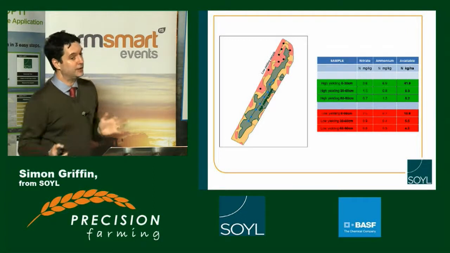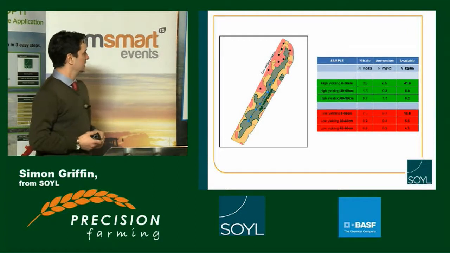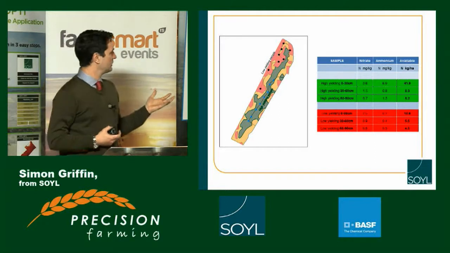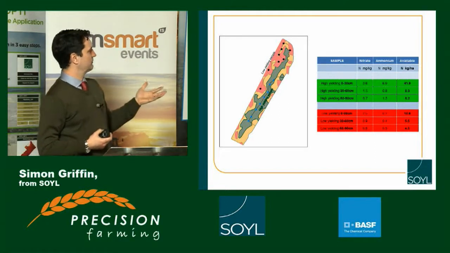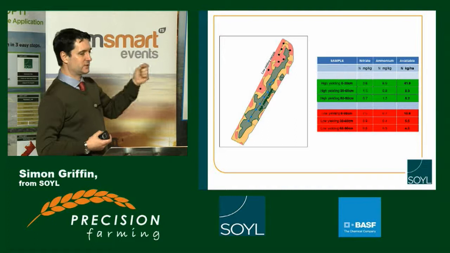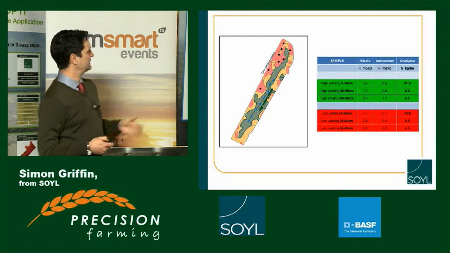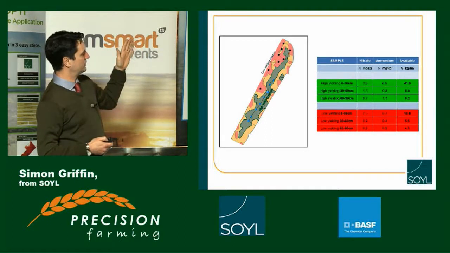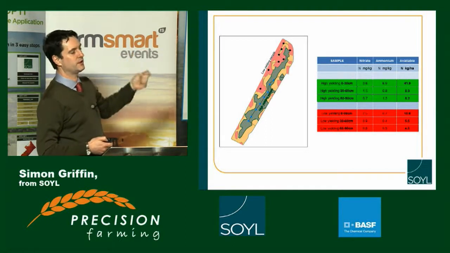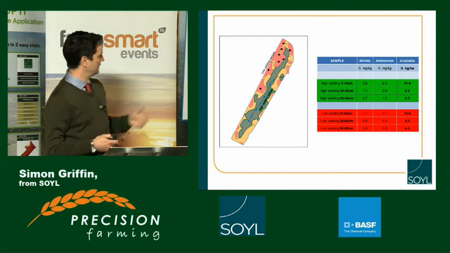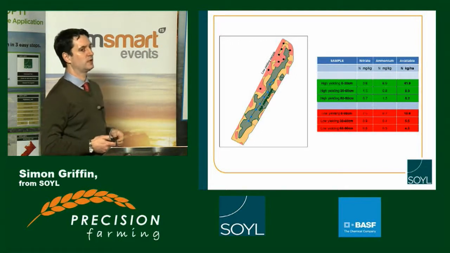That's at about an index 0. So, quite simply here, we've discovered what is driving the low and the high yielding areas within this field. The solution is that if we were going to do an appropriate nitrogen recommendation on this particular field, those two parts of the field would have to get different amounts of nitrogen.